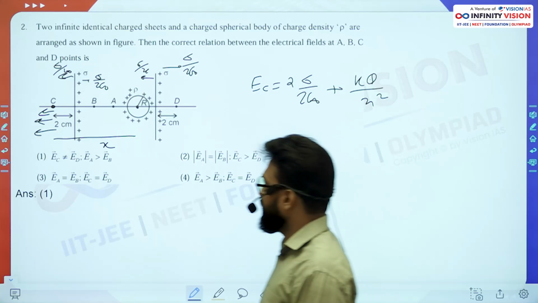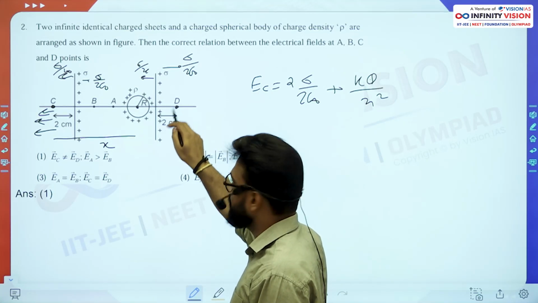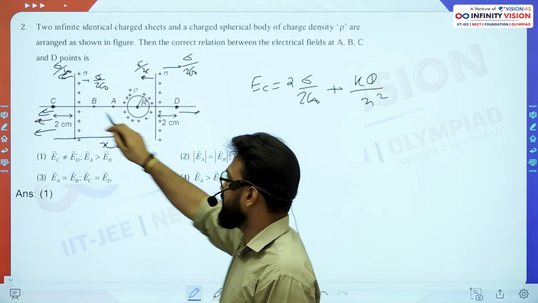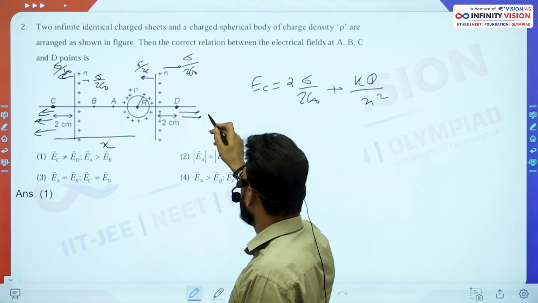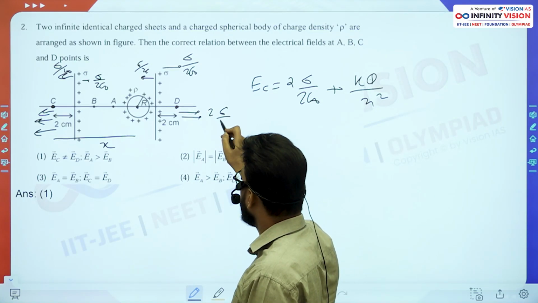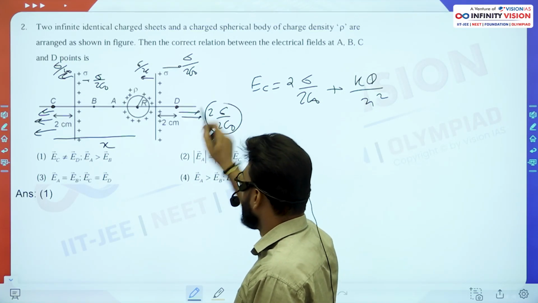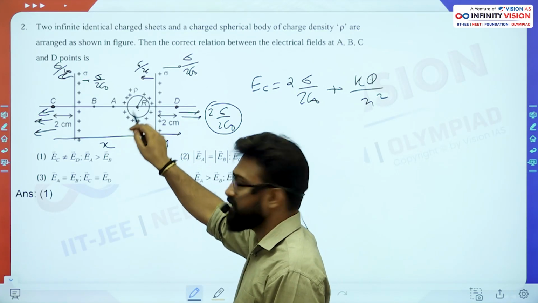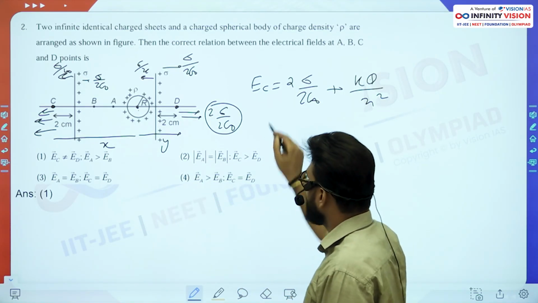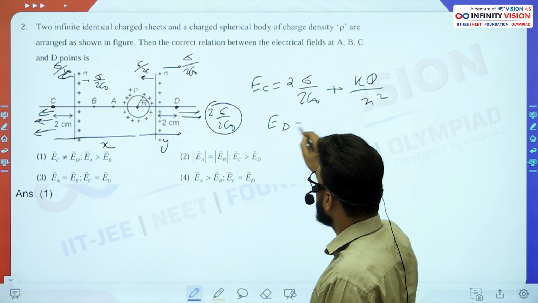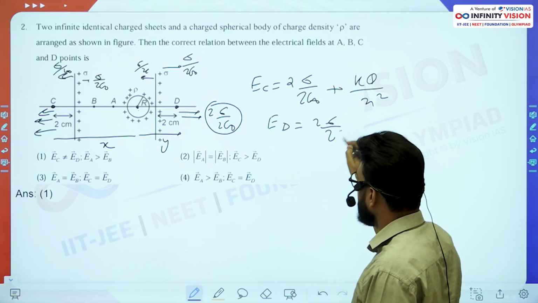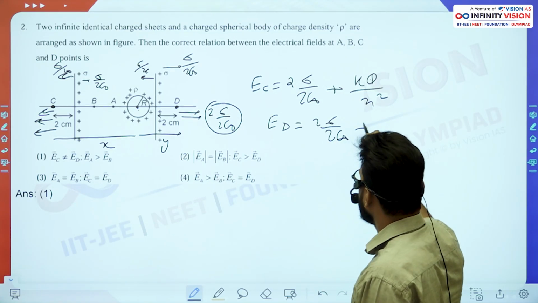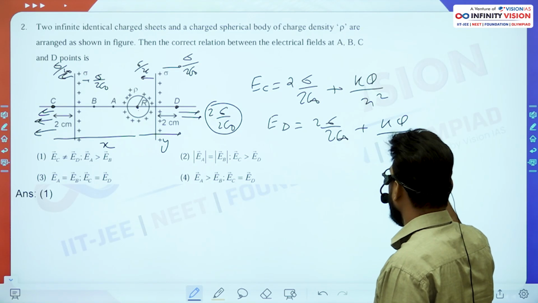Likewise, the electric field at this particular point D, because of each sheet would be outward, so this would be 2 sigma by 2 epsilon naught, plus, letting this distance be y from the center of the shell, kq by y square. So the electric field at D would be 2 sigma by epsilon naught plus kq by y square.